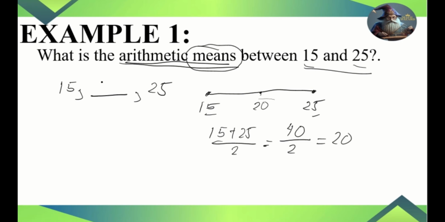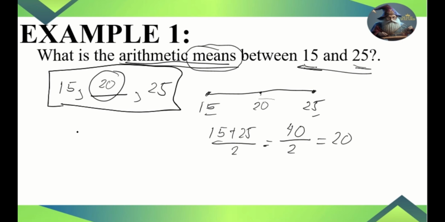So the answer here is 20. So this is the final answer. So ganun lang kunin yung arithmetic means pag dalawang terms lang ang binigay, yung pinaggitnaan lang ni 15 and 25. So ibig sabihin ganito ang case.